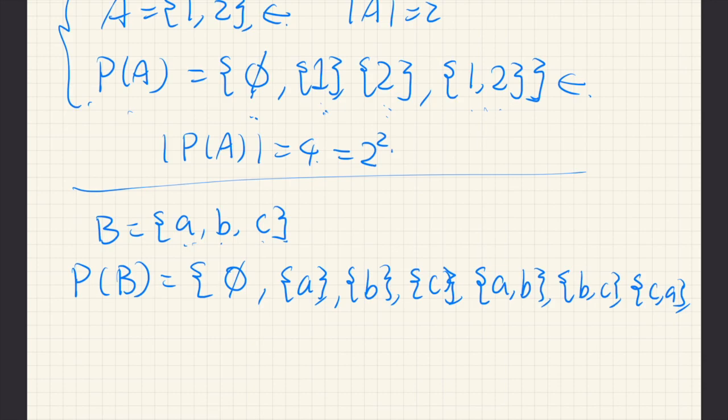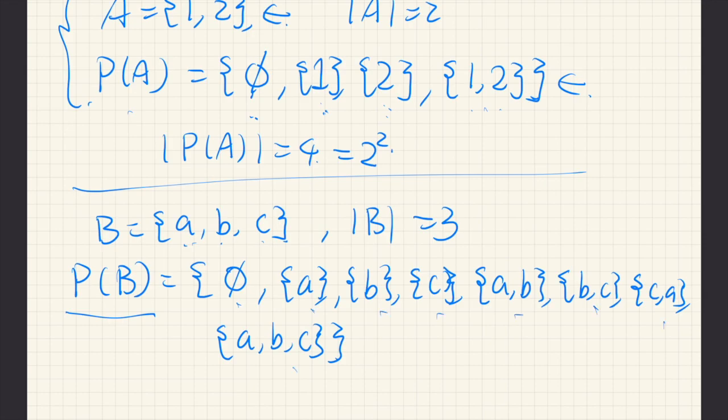And what else? The subset that is B itself. These are the only subsets. There are 3 elements in B, so the cardinality of B is 3. And what's the cardinality of its power set? 1, 2, 3, 4, 5, 6, 7, 8.